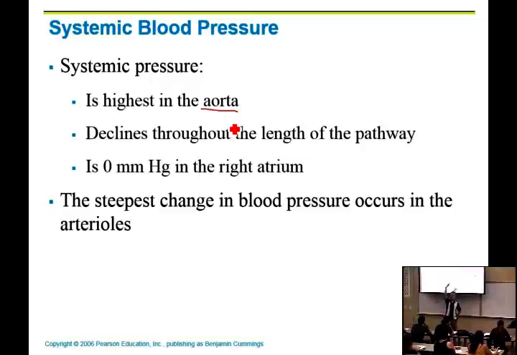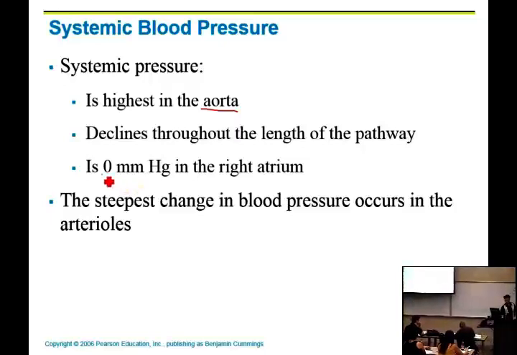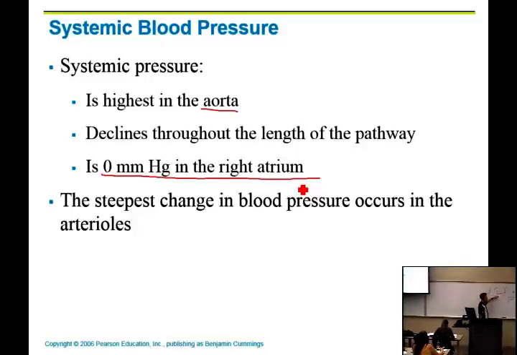So we're going to see blood pressure the highest there in the aorta, and then it's going to be going down and down and down from there. Okay? So when we get to the right atrium, it basically is almost gone totally down to zero. So we're seeing this incremental decrease in blood pressure, and then that's going to affect blood flow.